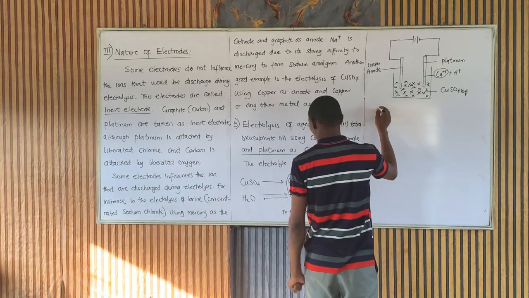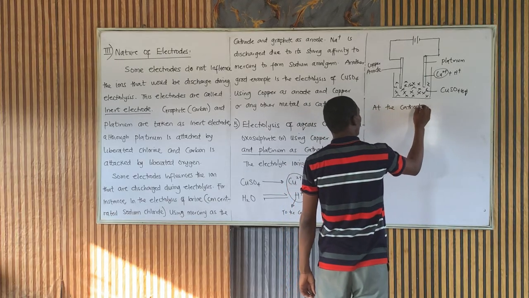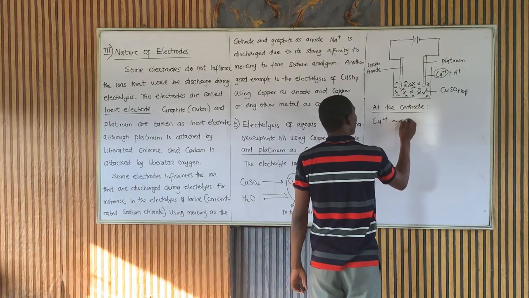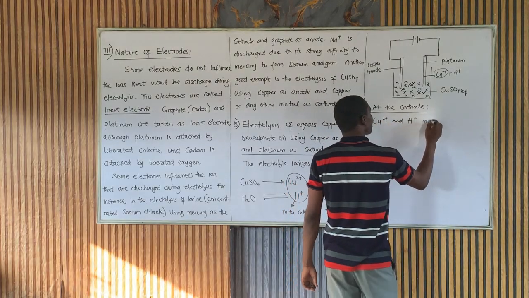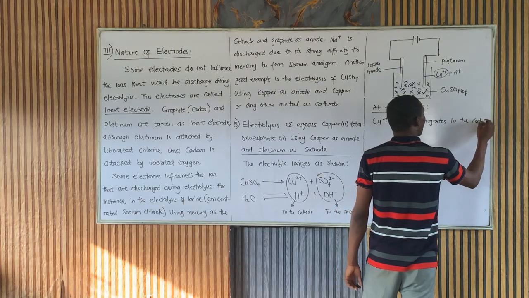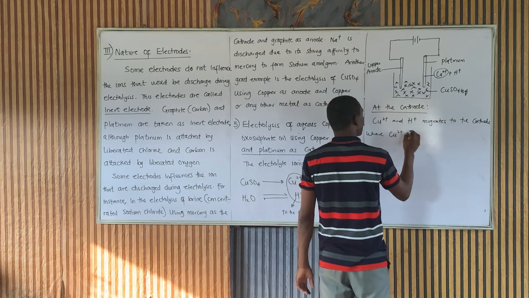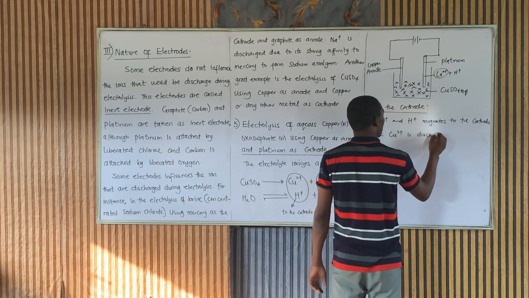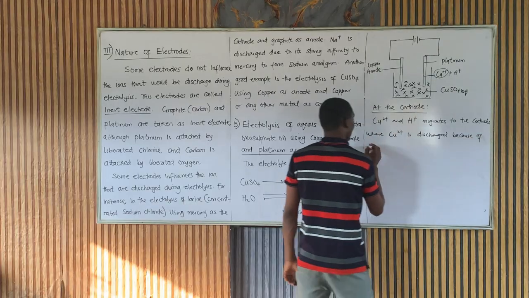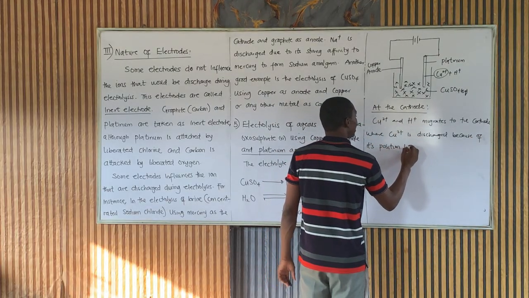And so we can say at the cathode, copper and hydrogen migrate to the cathode, where copper is discharged because of its position in the activity series.